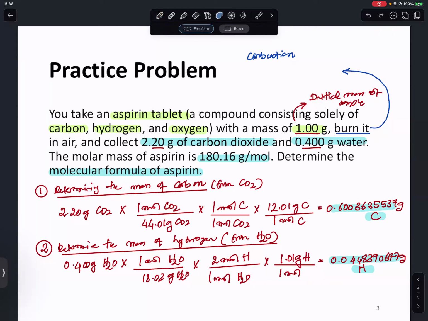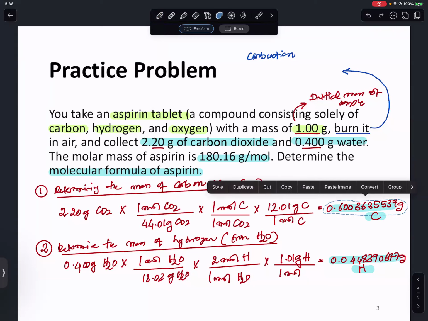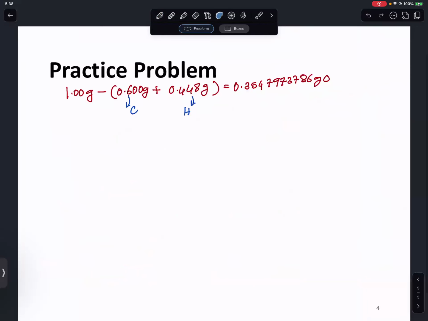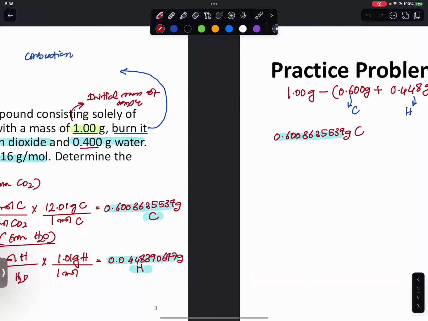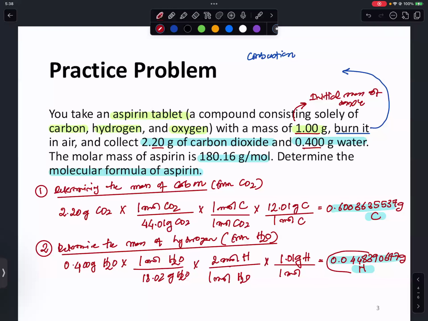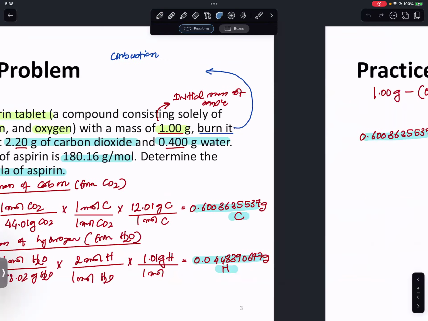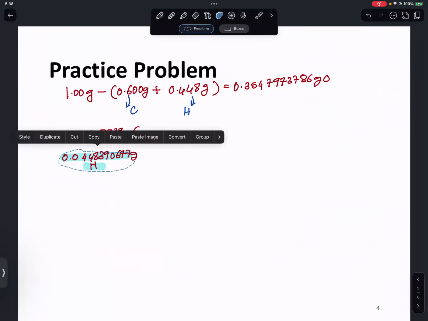So now I will copy and paste all these values on the next slide right here. So this is for carbon, and then I'll copy and paste the mass of hydrogen that I got, which is here.